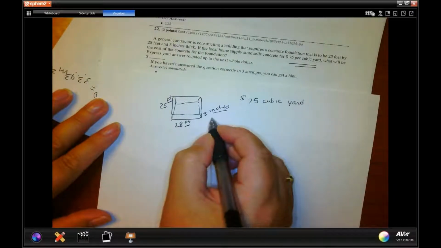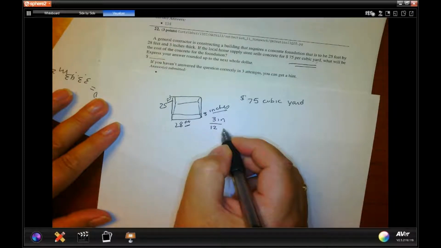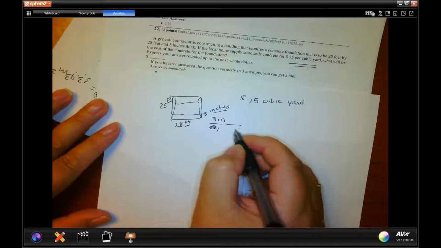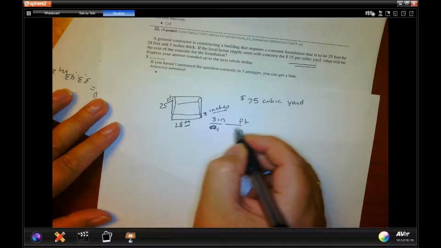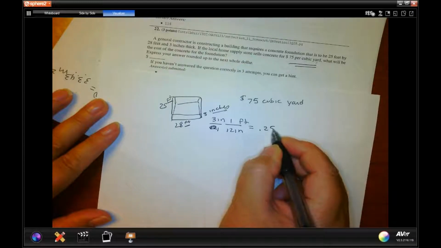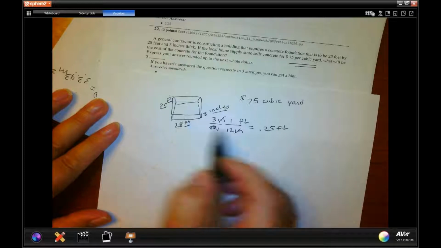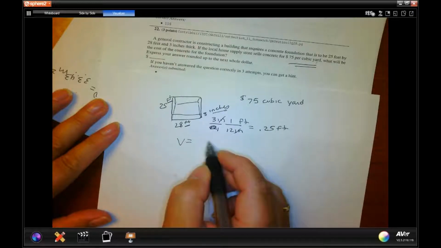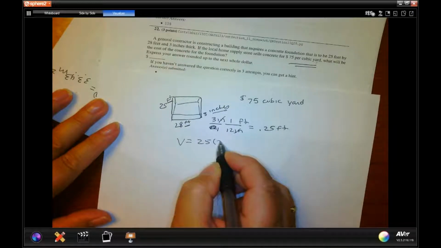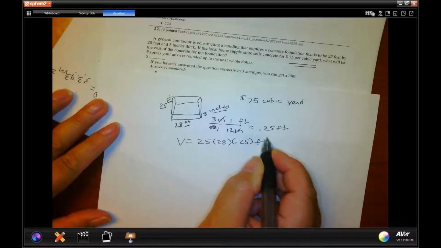So to convert 3 inches to feet, inch to feet, we'd get 0.25 feet because we have to have like units. So volume equals 25 times 28 times 0.25 feet cubed.